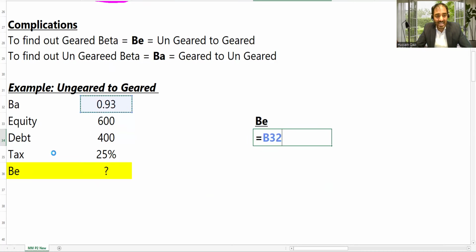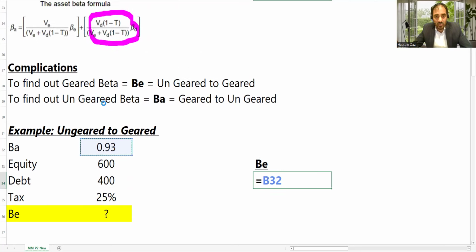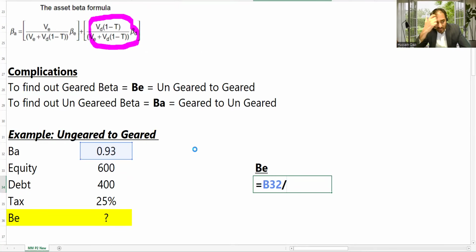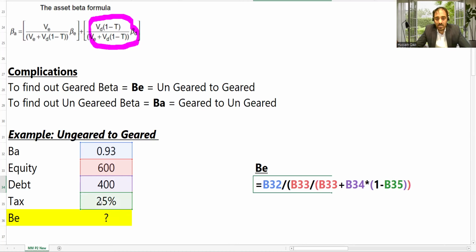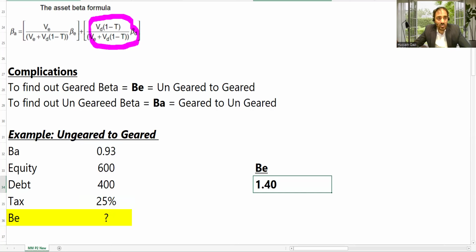It is equal to beta asset, applying the above formula, divided by market value of equity, divided by market value of equity plus market value of debt multiplied by 1 minus 0.25. So you can easily work that out.